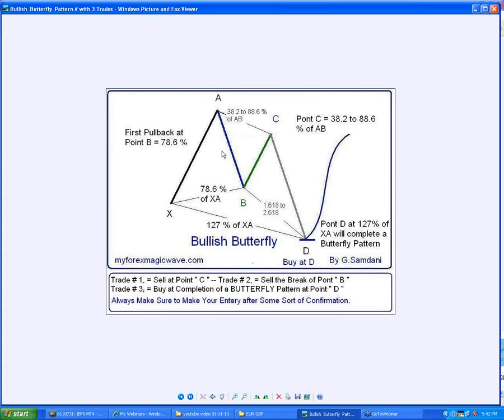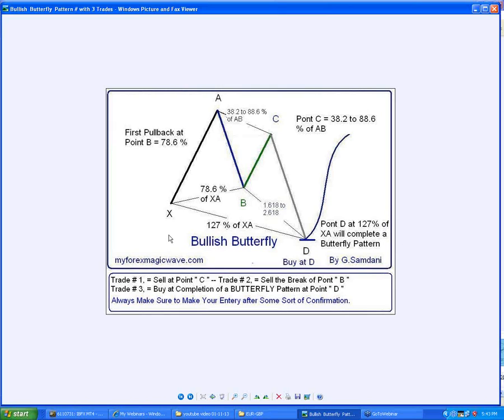And the conventional way to play these butterfly, bat, gartley, and all that, those harmonic patterns, is that once they're finished at their end point, which is the D point, once the pattern is completely finished, you're supposed to trade the reaction of it, okay?